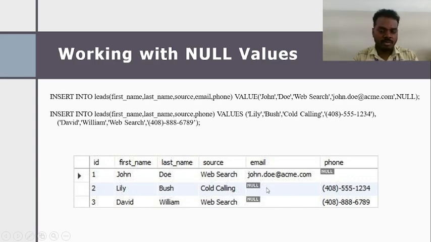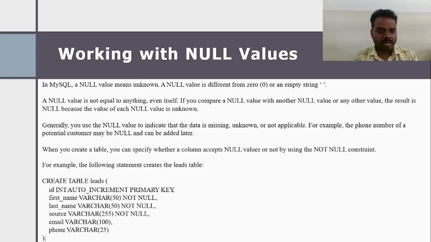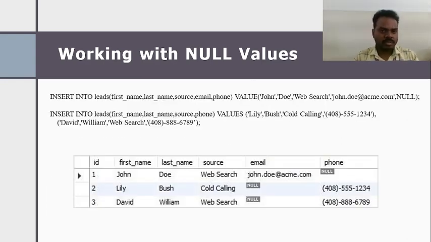If the same query is executed in SQL Server, it will throw an error, because null is not allowed once you apply the NOT NULL constraint in the table and leave out the column while inserting. This is avoided in MySQL. This is all about null values. Null is different from 0; these are not the same.